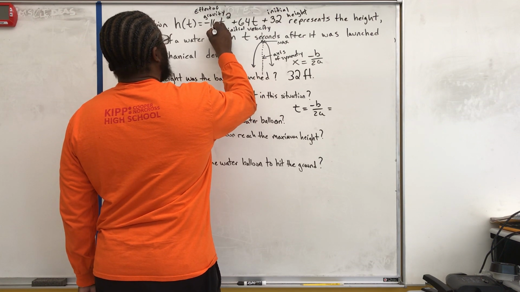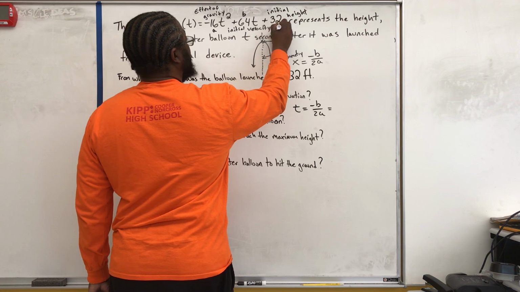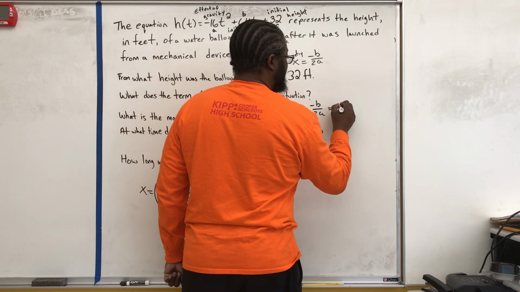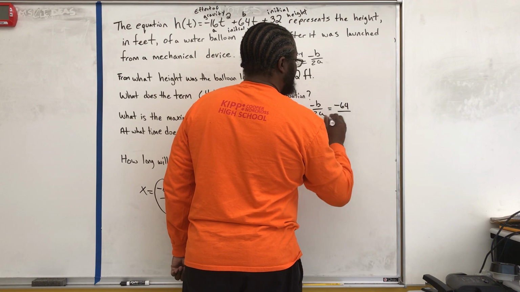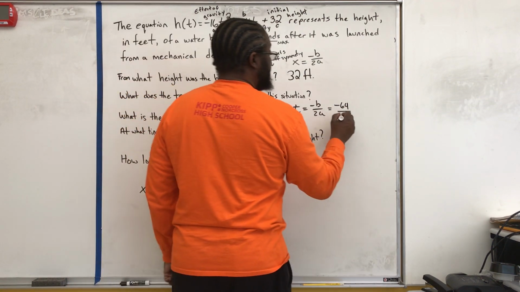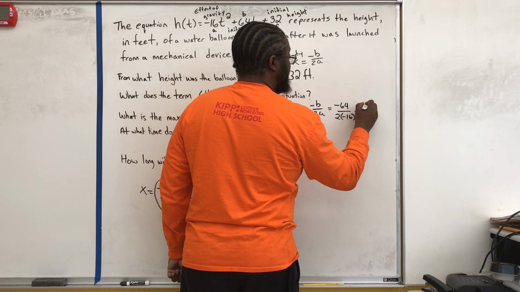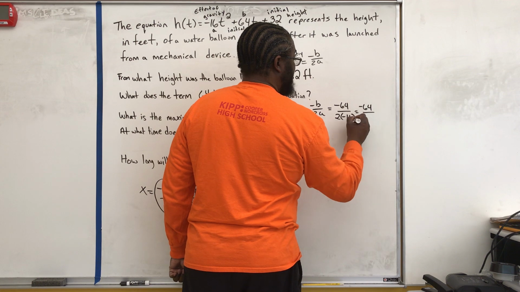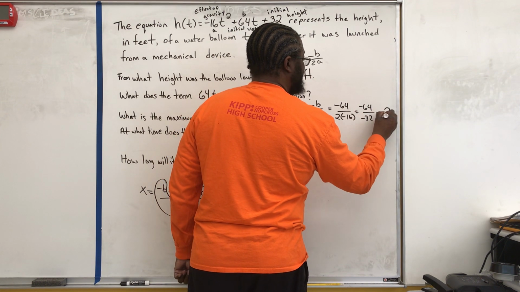So that means this is a, this is b, and this is c. So b is 64. So negative b would be negative 64 divided by 2 times a. A is negative 16. That's negative 64 divided by negative 32, which is positive 2.